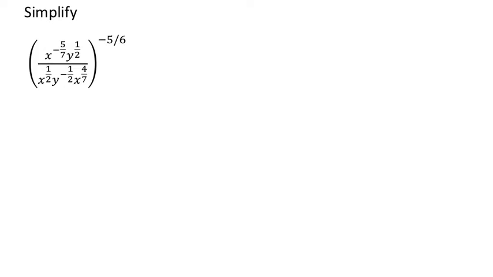So now you could work with all the x's, but you see those x's on the bottom, right? So from the x's, I have x to the power of negative 5/7 on the top, and that's good, but there's nothing I can do with that. What I do have on the bottom is x to the power of 1/2 times x to the power of 4/7.